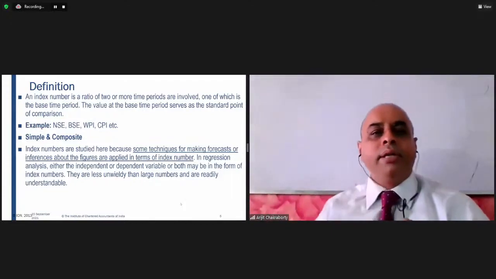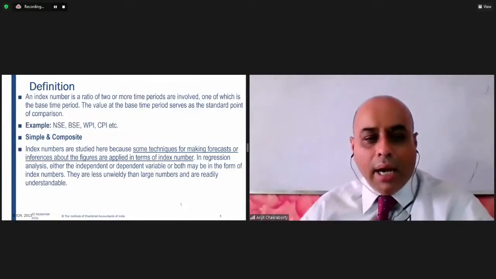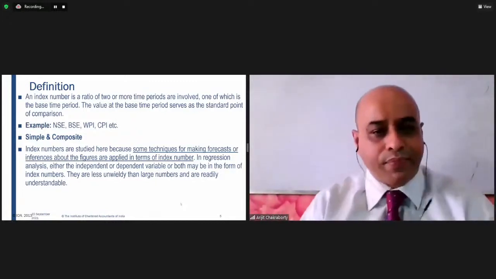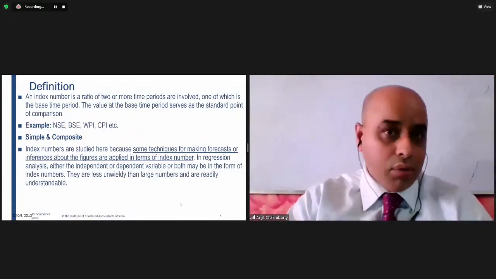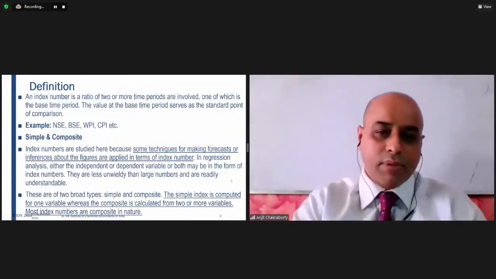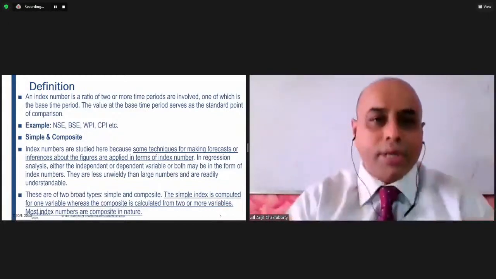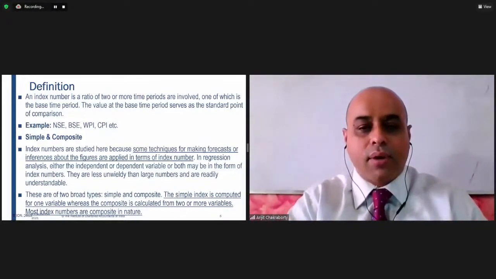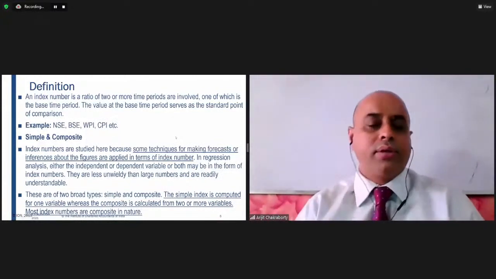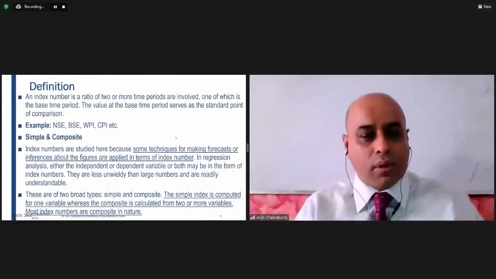For example, in regression analysis, either independent or dependent or both may be in the form of index numbers. So index numbers are used in applying correlation and regression to understand how we are moving in terms of economic strength, financial position, and so on.